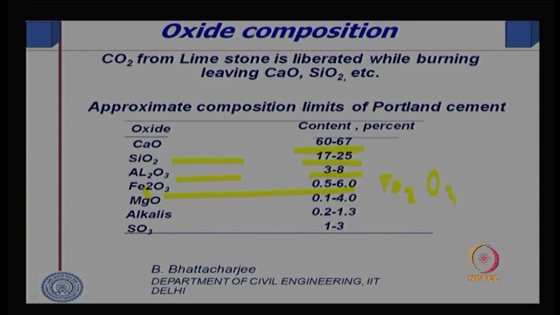This is controlled. Alkalis are 0.2 to 1.3%, SO3 is 1 to 3%. So, these are the oxide composition of cement. These are typical limits of oxides given in most of the codes all over the world. The ordinary Portland cement will have this kind of limits of oxides.